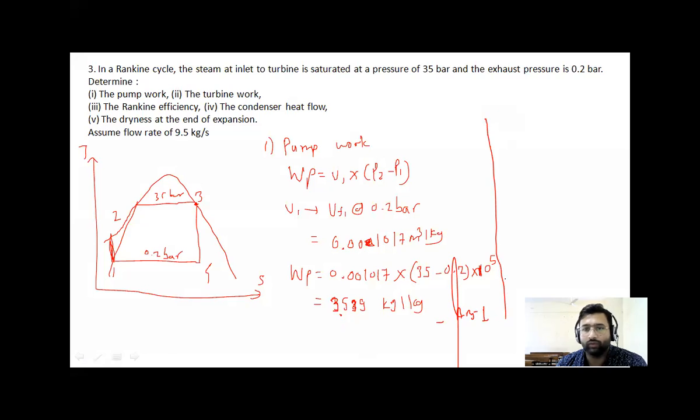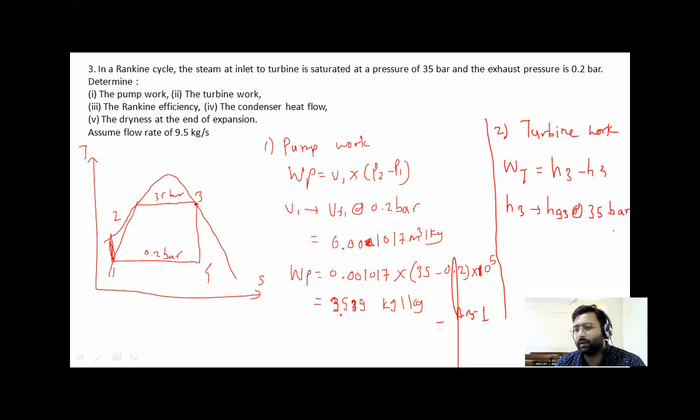Let us go to second part, that is turbine work. So WT, turbine work, will be H3 minus H4. H3 will be what? SG3 at 35 bar. Now go to steam table at 35 bar. Pressure table, go for Hg value.